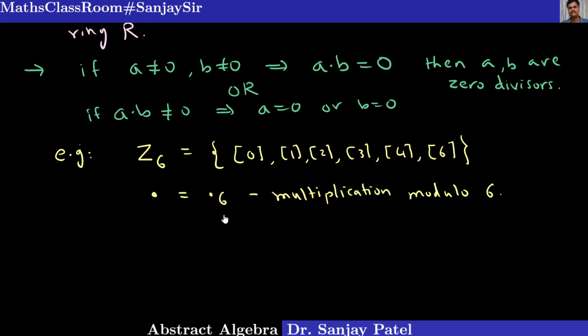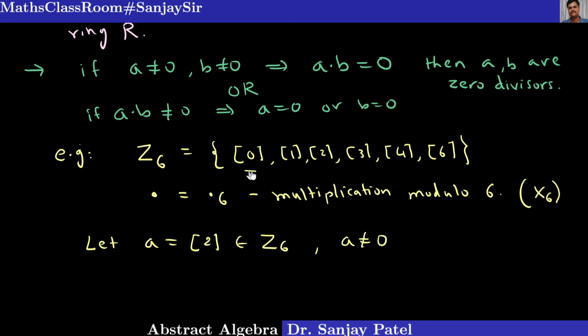This dot 6 is also written by some people using the notation cross 6, the multiplication sign. So here if I take A equal to one non-zero element, say 2 belonging to this set Z6, then it is clear that this element A is non-zero because the 0 element is class 0. So class 2 is not the same as class 0.